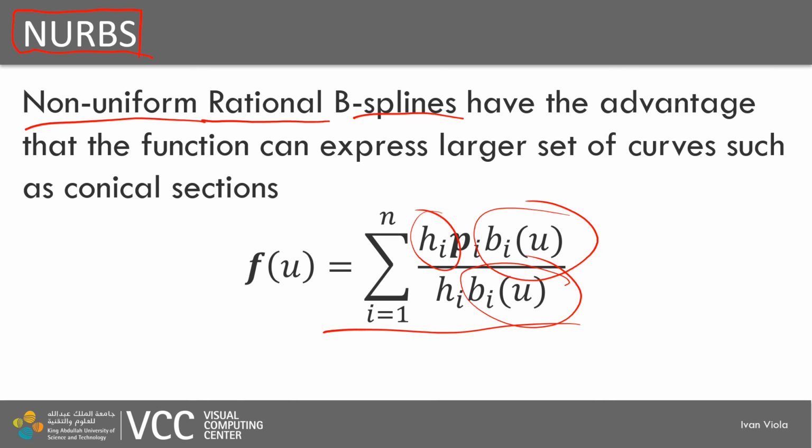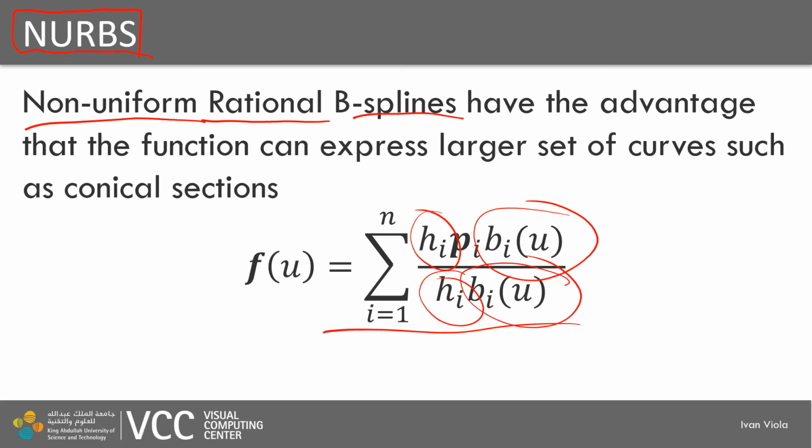Additionally, we have a scalar weight for each association with a point, and by the scalar weight, we can increase or decrease the influence of this point, and the multiplication of these two terms, which are then multiplied with the coefficients of our control point, is then used in the denominator. With this formulation, the B-splines can be used for a larger set of curves.